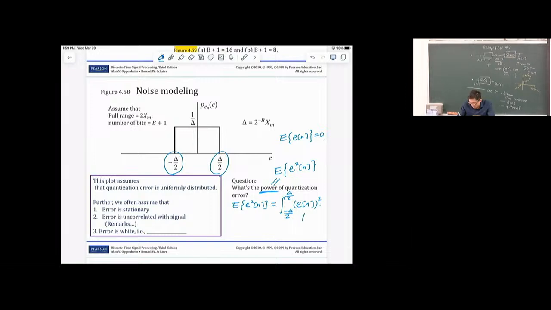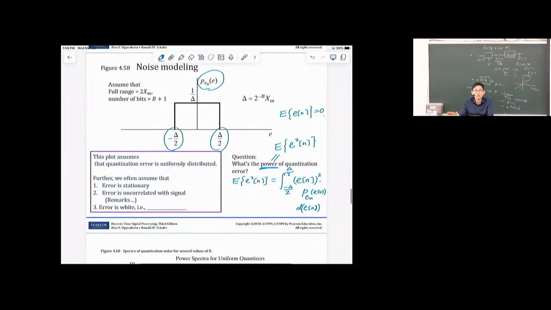The probability density function is denoted as P. Our notation is not the best, but let me be consistent about my notation. You multiply your value with the probability density function and then take an integral.